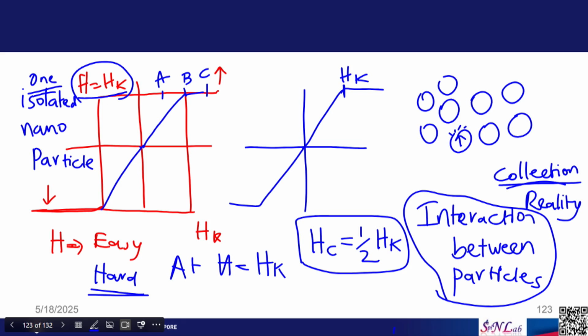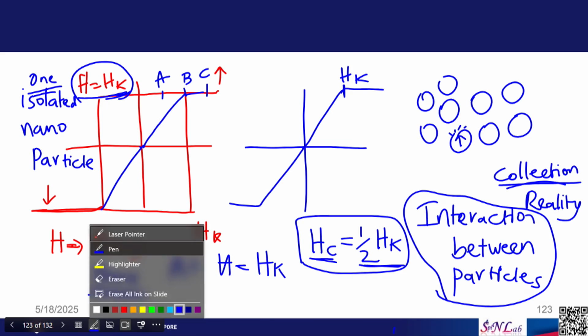If you have only one particle, that particle is supposed to reverse only at this field H equal to Hk, but when you have many particles, some particles reverse earlier, some particles reverse later. So, you can say half of the particles reverse at around this field.